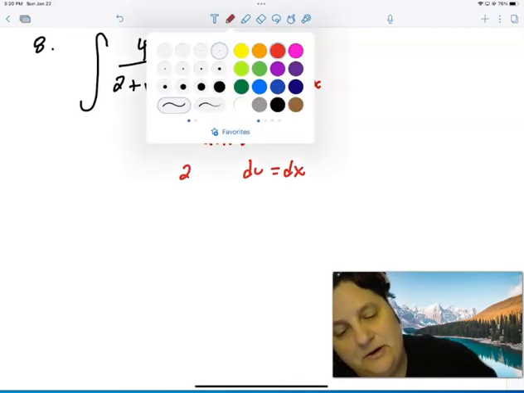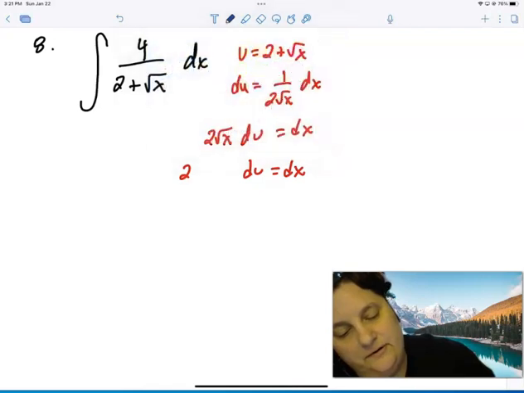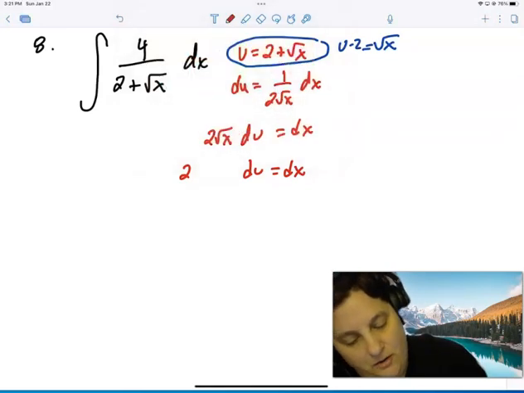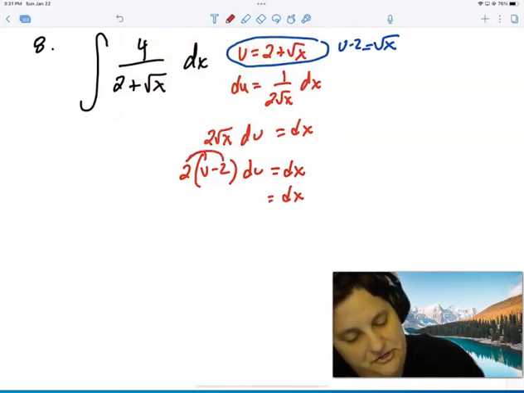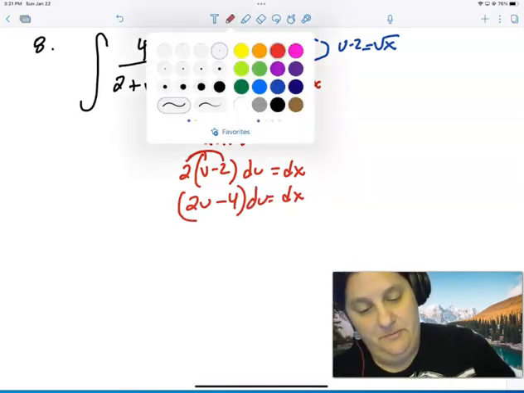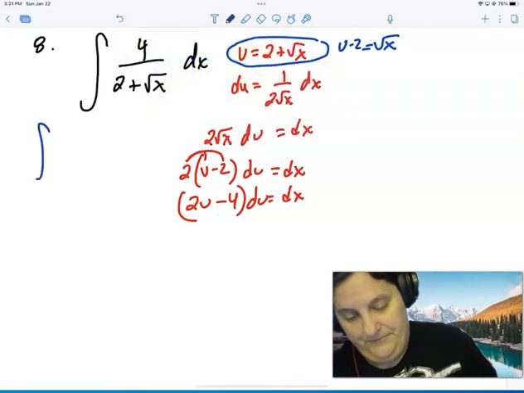And up here, okay, let's see here. Up here, the square root of x is actually u minus 2. So the square root of x is u minus 2. So dx can change into 2u minus 4 du. I don't know. This is looking weird to me, but I am going to try it. Let's see here.